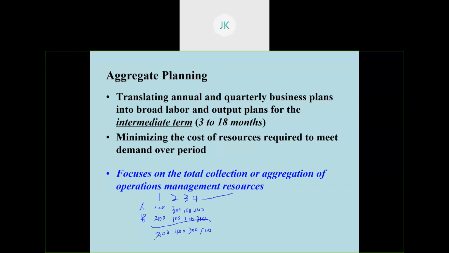So in the first month they need 400 plus 700, so 1100, and then so on. The total in a certain term, let's say 5,000 total parts. So this aggregate planning focuses on this total collection, or aggregate, of operations management resources.